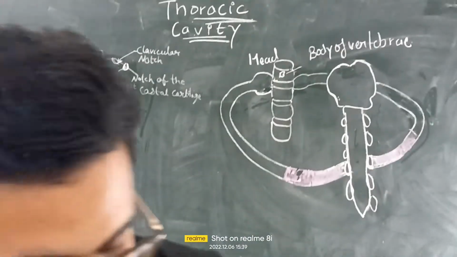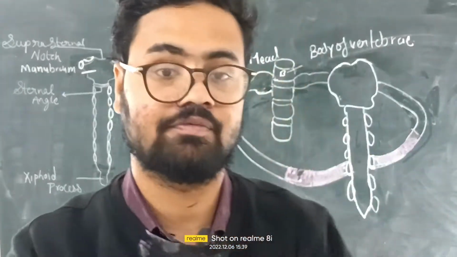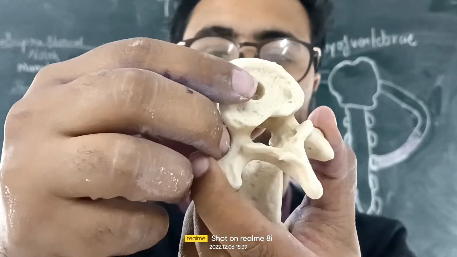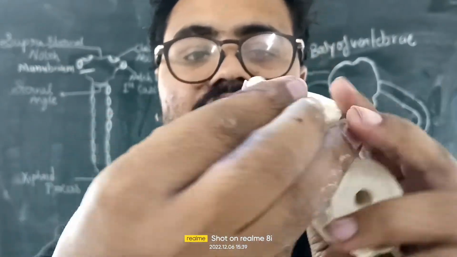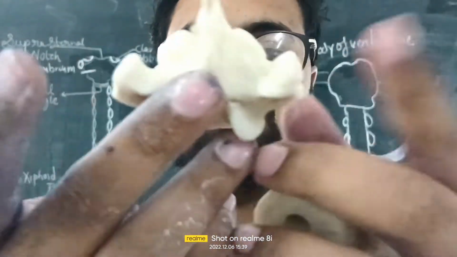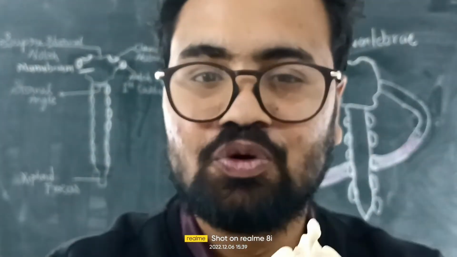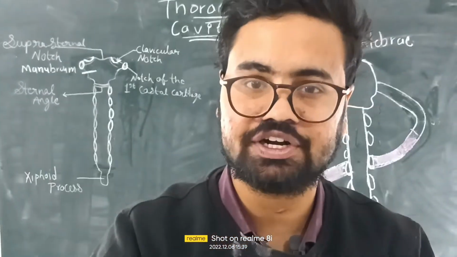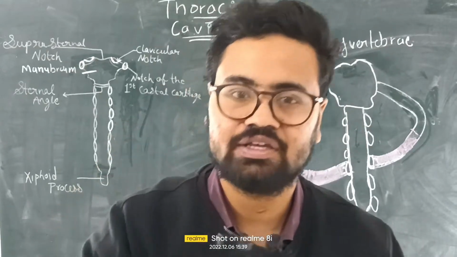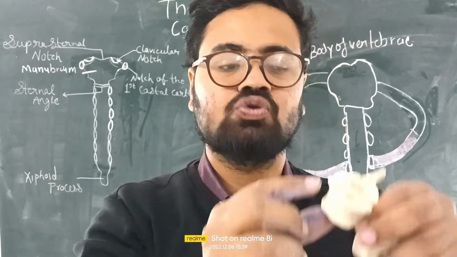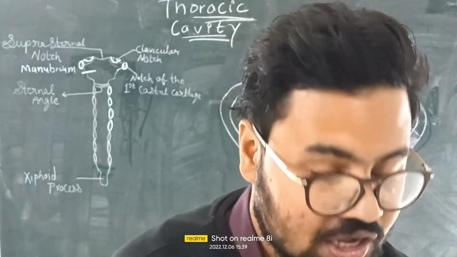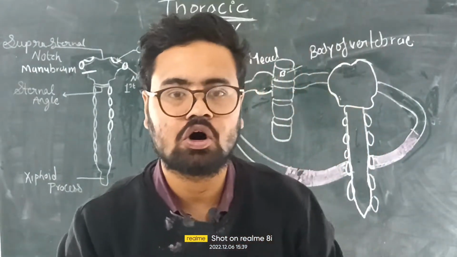This one is the body of the vertebra, and this is the spinous process, and these two processes are the transverse processes of the vertebra. So the ribs are attached posteriorly to the body of the vertebra.